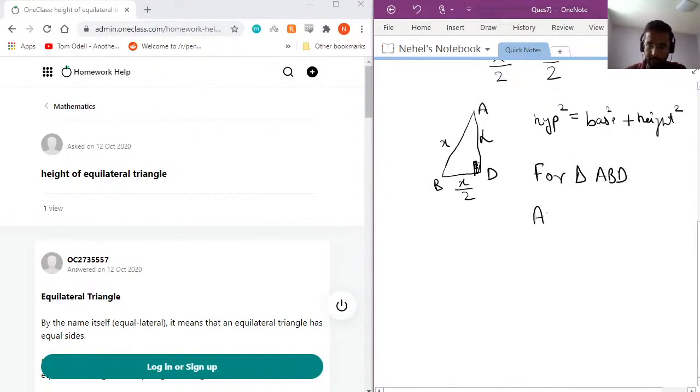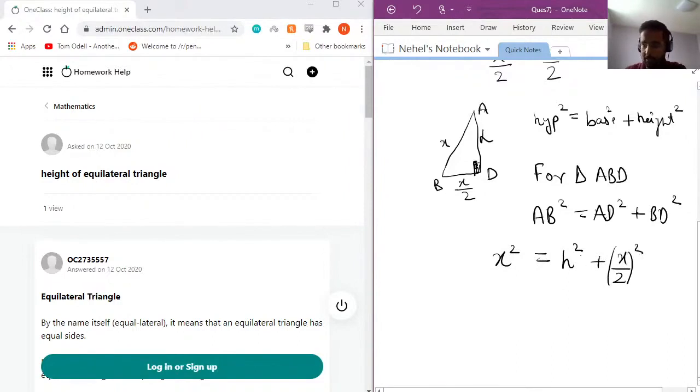So we can say AB squared is equal to AD squared, which is the height, plus BD squared, which is the base. AB is equal to X, as we had first initialized it to be. So AB becomes X squared. AD, which is the height, is H squared, plus BD, which is the base, is X over 2 squared.